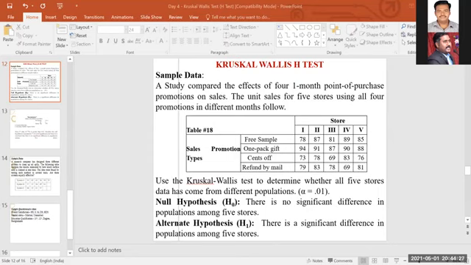But whenever you are choosing the null hypothesis for two variables, there should be no significant difference, no association, no relationship. Whereas when you're dealing with one variable, it should be equal to or average, not equal to, not average. Like that you can frame your hypothesis.